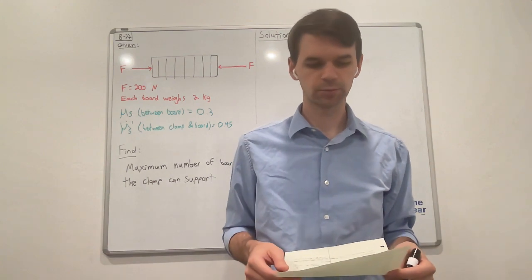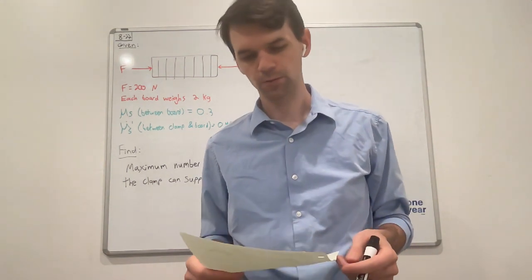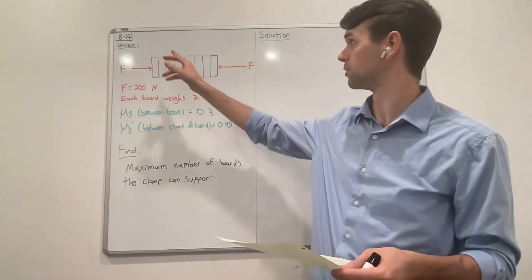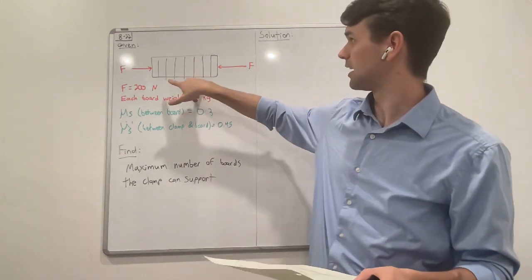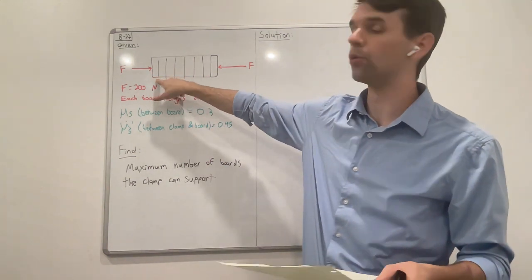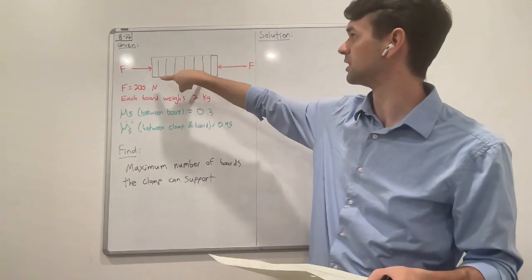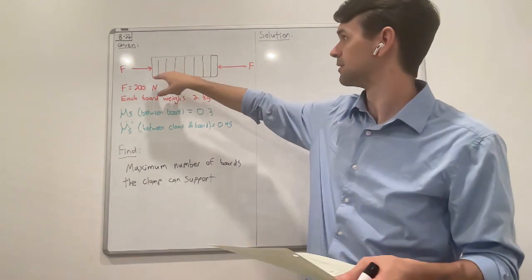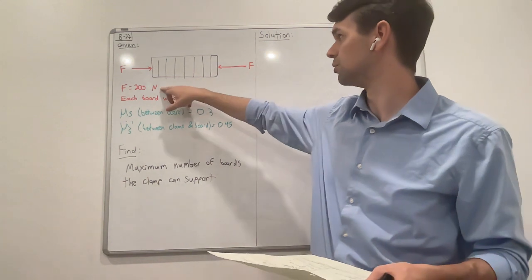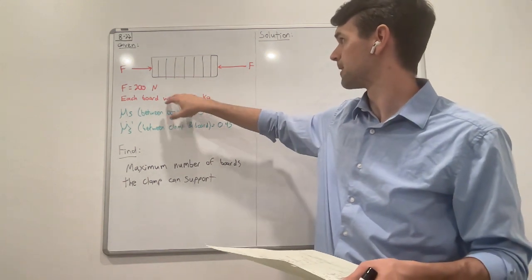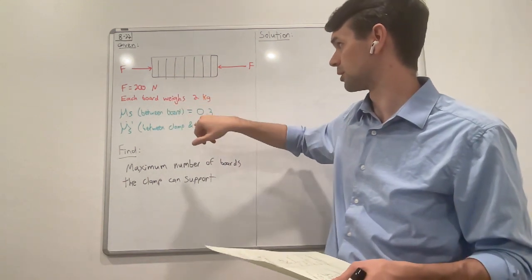So I've just prepared a simple example, problem 8.22 in the book. We have a bunch of boards that are being held together by a clamp. The clamp is exerting a force of 200 newtons on both sides of the board, and each board weighs 2 kilograms.